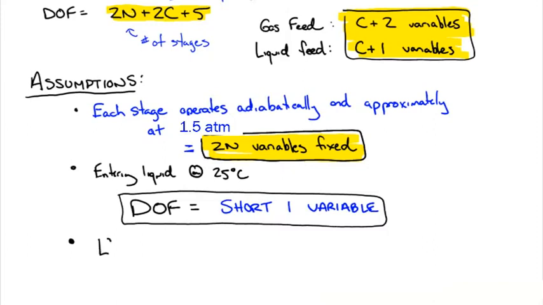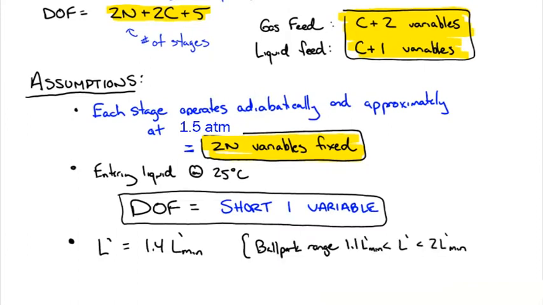So we're going to assume that our flow rate L is going to be 1.4 L min. So we need to figure out what that minimum flow rate would be for our system. Typically a good ballpark range here is between 1.1 and 2 times that minimum flow rate. Now we've specified L prime and we can find L min.